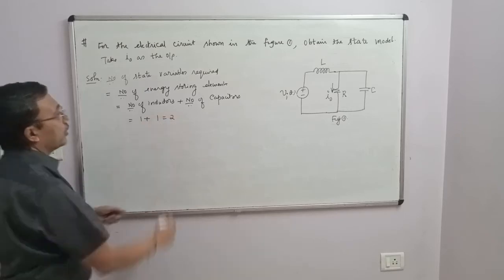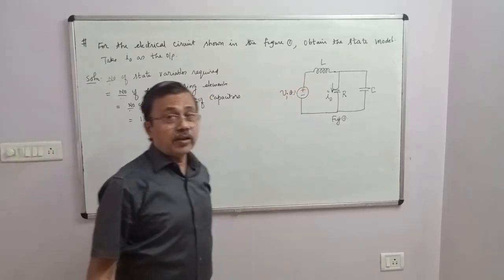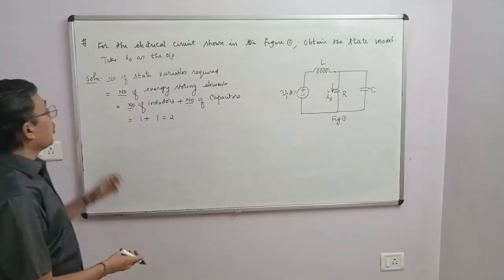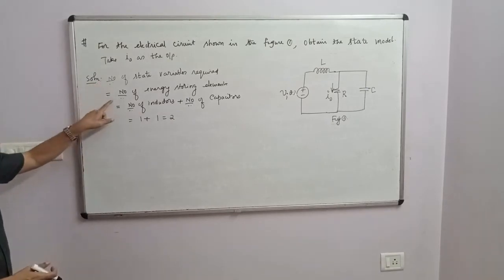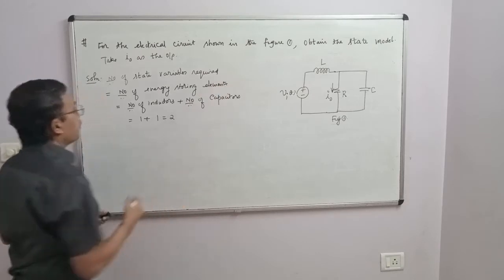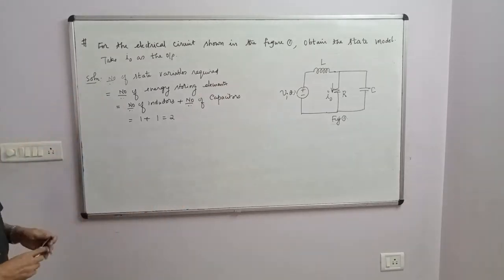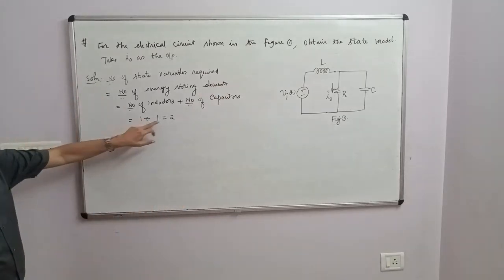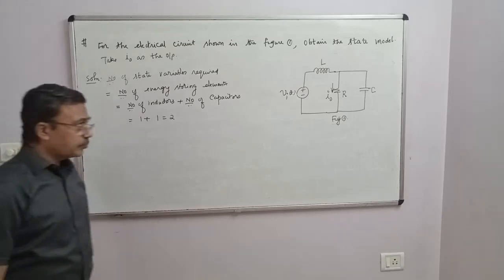There is one inductor and one capacitor. Therefore, you require two state variables: number of state variables required is equal to number of energy storing elements is equal to number of inductors plus number of capacitors is equal to 1 plus 1 is equal to 2.